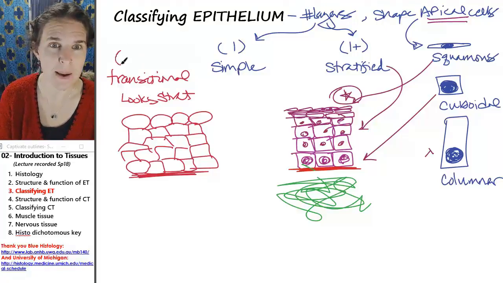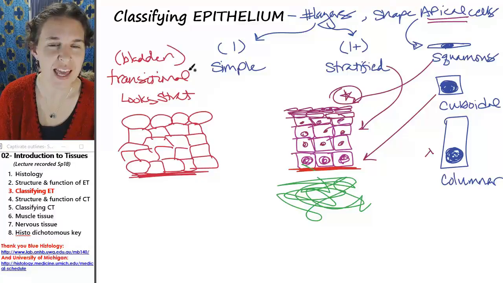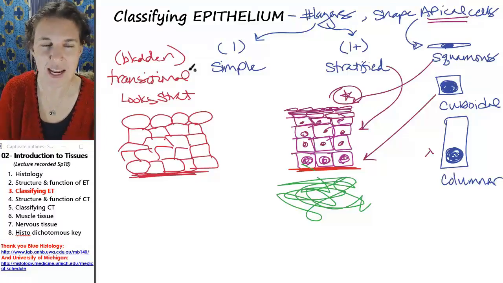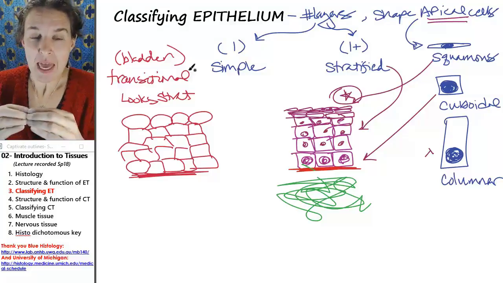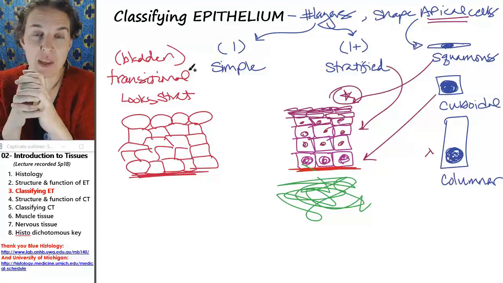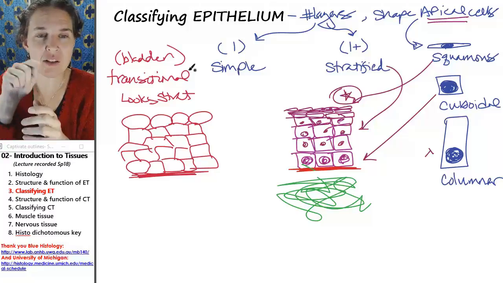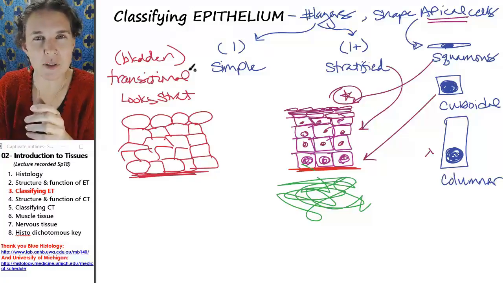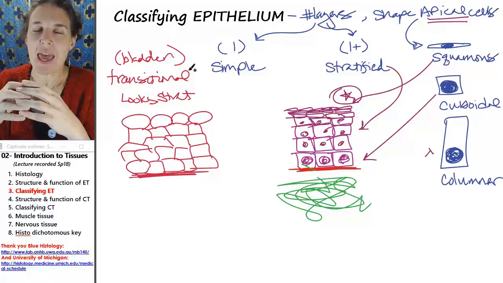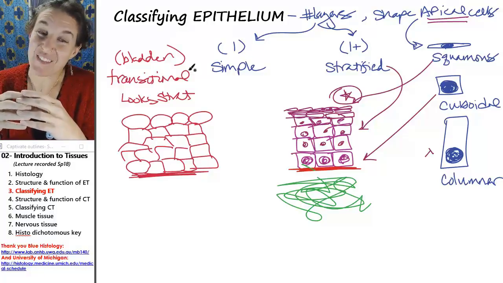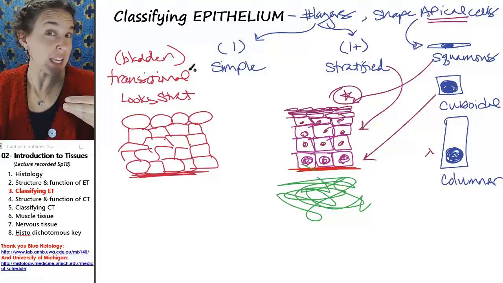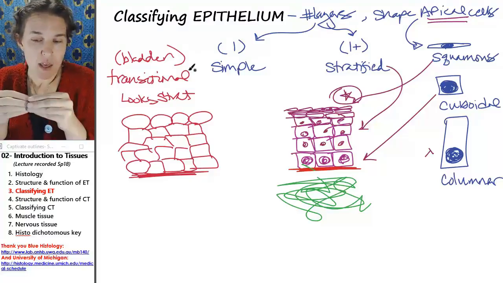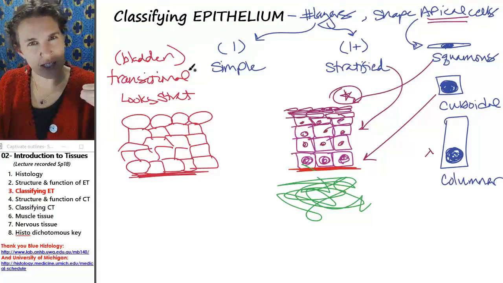I'm going to give you an example of where transitional epithelium is found. It's found in the bladder. And I told you it looks stratified. The fact is that transitional epithelium, if it's relaxed, looks stratified, and it has those bubbly luminal cells. In the bladder, if it's not relaxed and it's filled instead with fun things like urine, it stretches out.